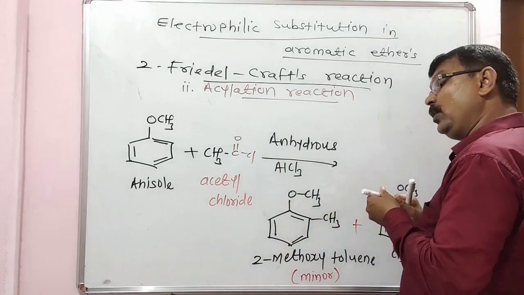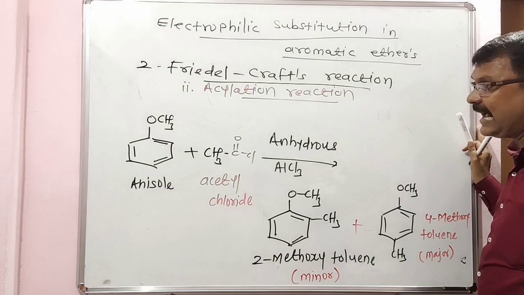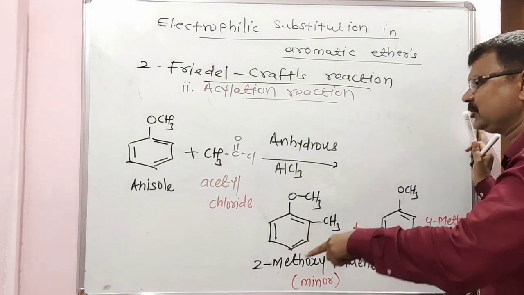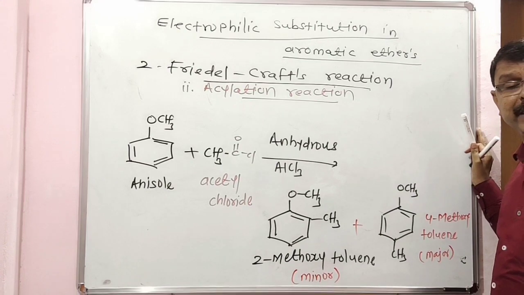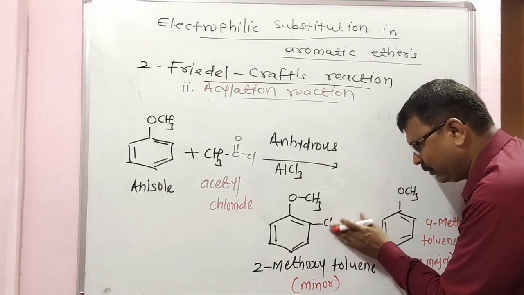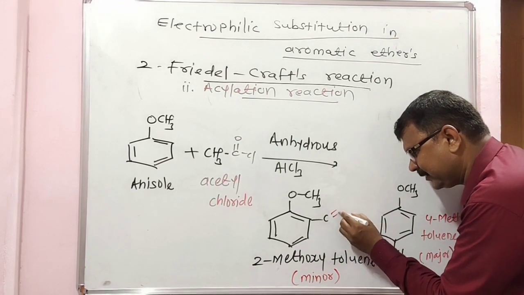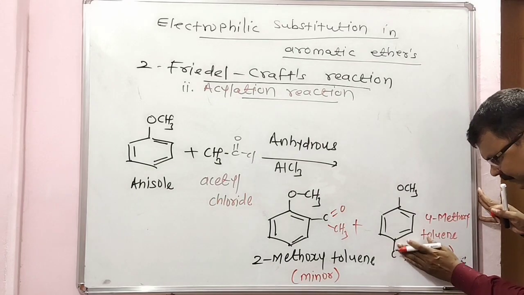Look here, all of you, anisole is reacted with acetyl chloride in the presence of anhydrous AlCl3. It gives a mixture like this, with COCH3 like this.